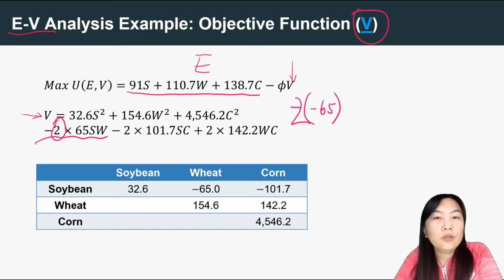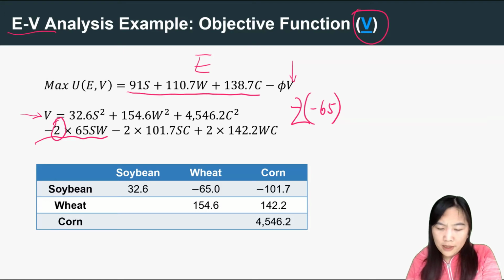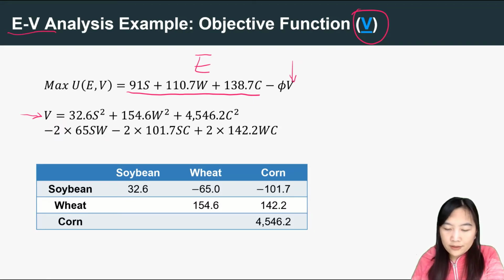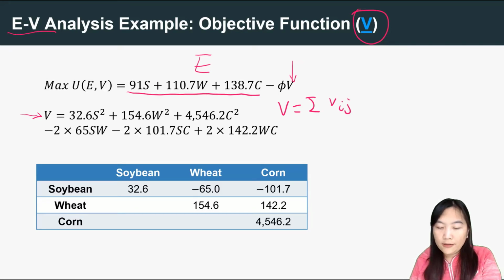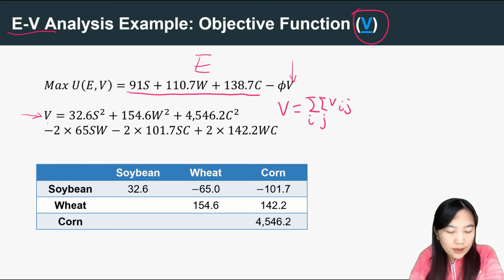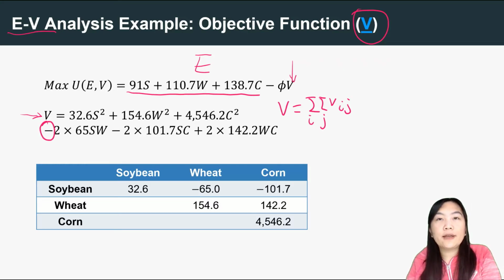So that's how you formulate the V component of your objective function. I think I made a mistake here about the sign. Let me do this again. So this V is actually a summation of Vij, the sum over i and j. The reason we have this negative sign there is because we have a negative here.